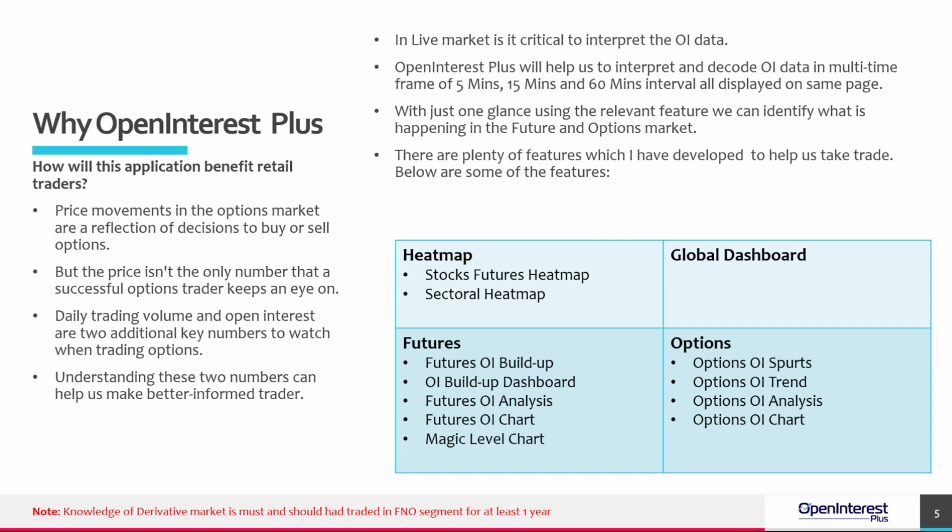And if you're able to decode and interpret this in the live market, we should not be spending more time just on OI calculation and then interpreting where is the resistance, where is the support. We should be able to get a picture of what is happening based on the OI data.